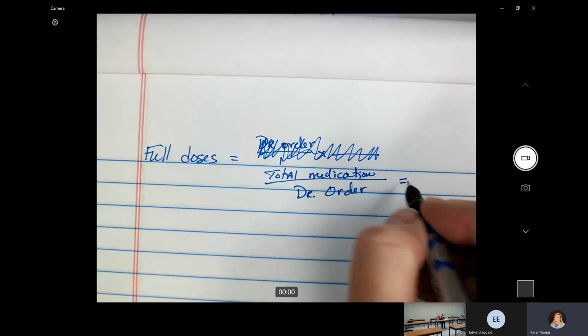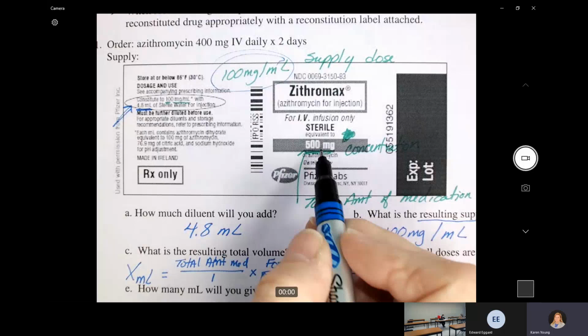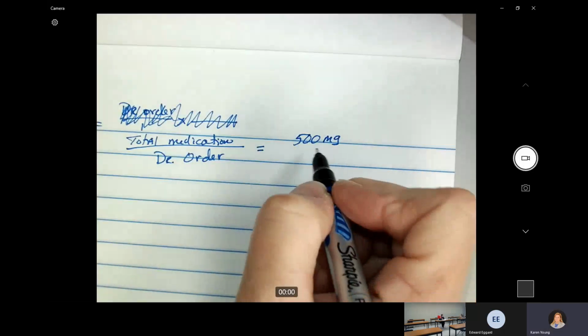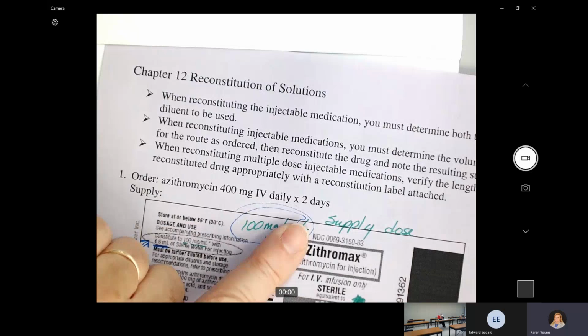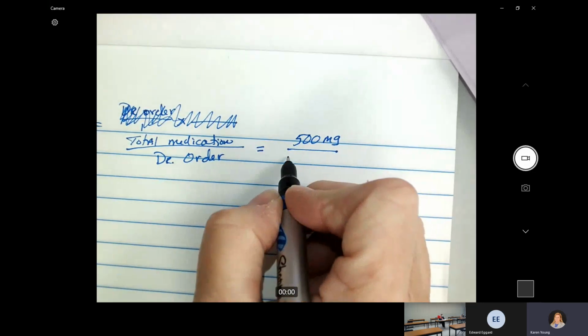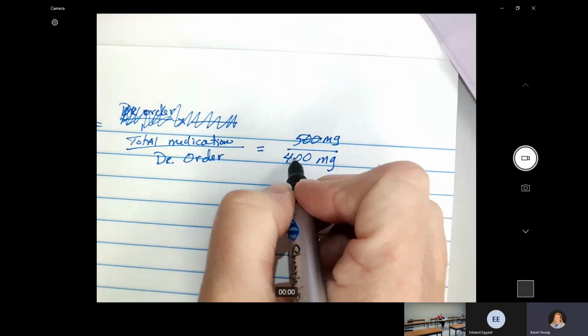So if you look at your label, your total medication, again, is the 500 milligrams. Bless y'all. And then your doctor's order is 400 milligrams, not worrying about the 2 days, okay? I want to know how many full doses. So I'm going to divide this by 400 milligrams. My zeros cancel, my milligrams cancel.